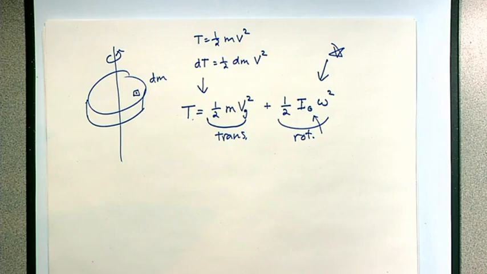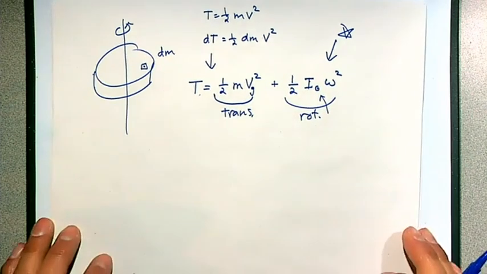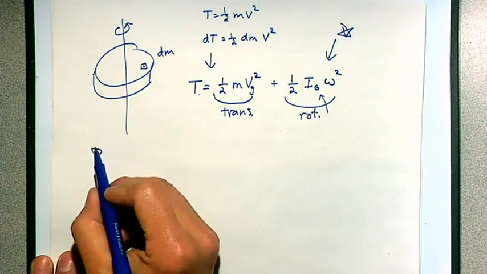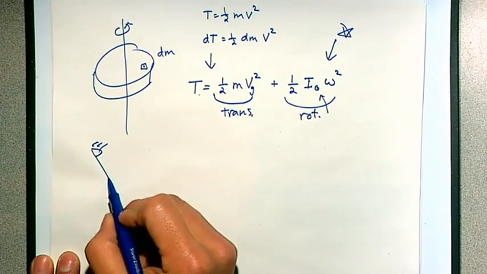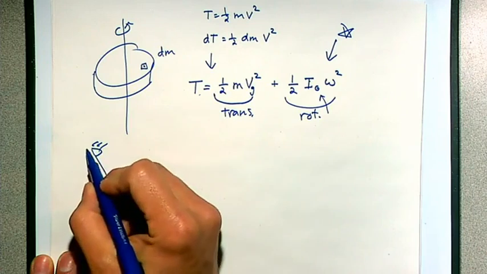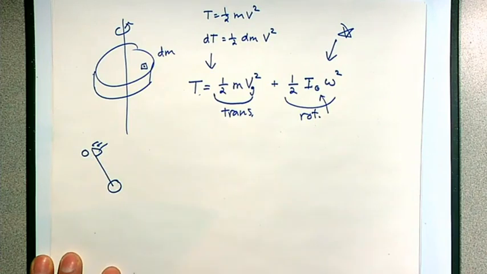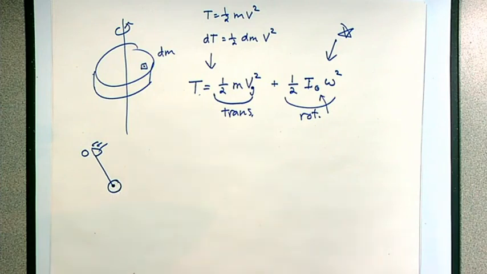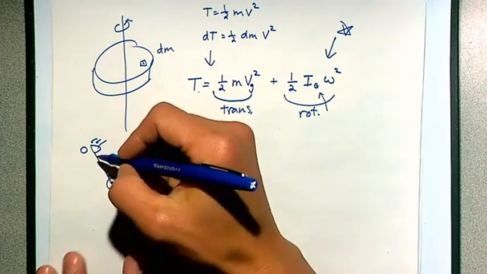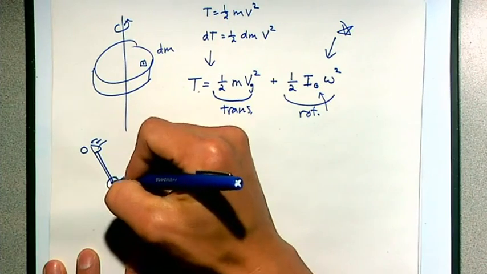We'll look at a special case. If we've got a pinned body, which is what we're showing on the screen here, it can be any old pinned body, but our body's pinned at point O, and I've got this pendulum over here. And maybe this pendulum has a rigid bar and a disc at the end.